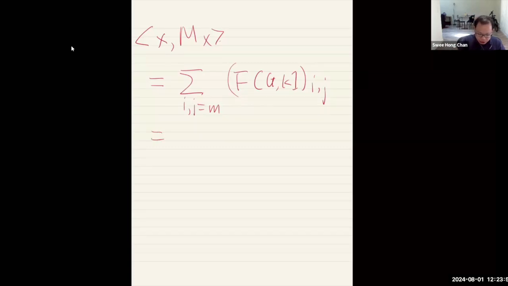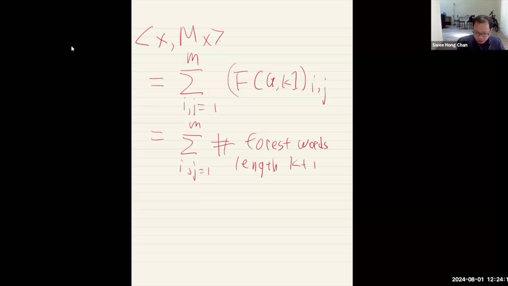Here I and J go from 1 up to M. This is equal to the sum of the number of forest words of length K plus 1 that start with EI and end with EJ. Okay, summing over all possible values of I and J, this is simply the number of forest words of length K plus 1.